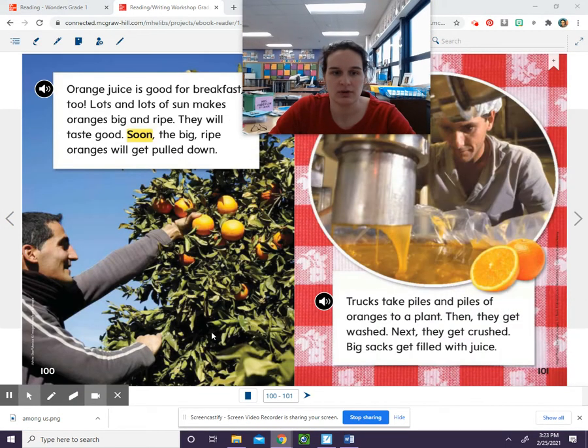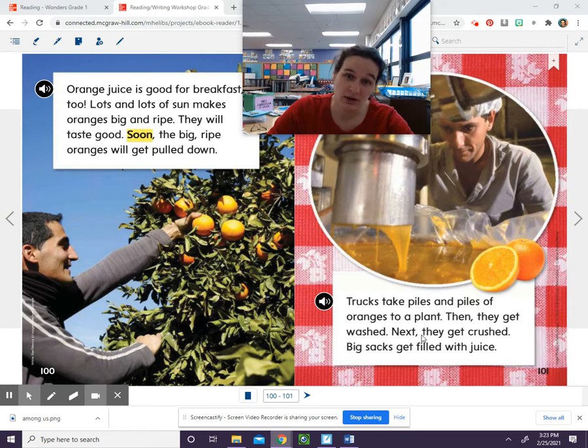Well, when it comes to oranges versus orange juice, it would still be easier just to eat an orange than to crush the orange into juice. So that's one reason why it might be better to do the orange, because all you have to do is cut it instead of having to crush it, because that takes a lot of work and a lot of oranges probably to make the juice.